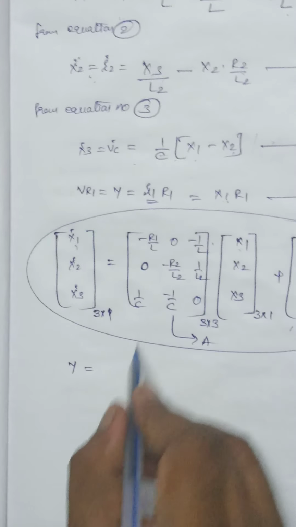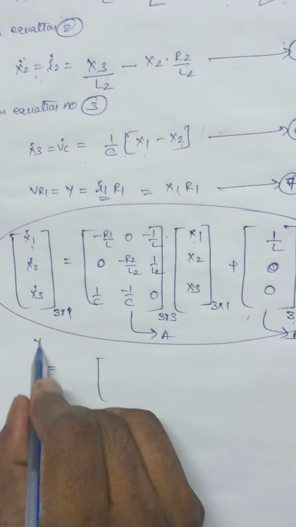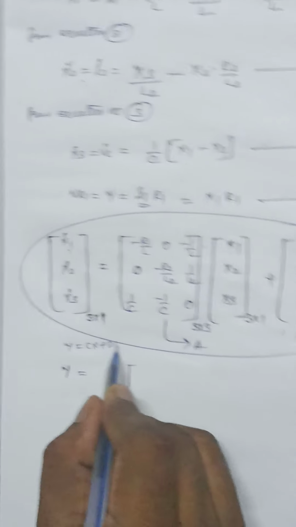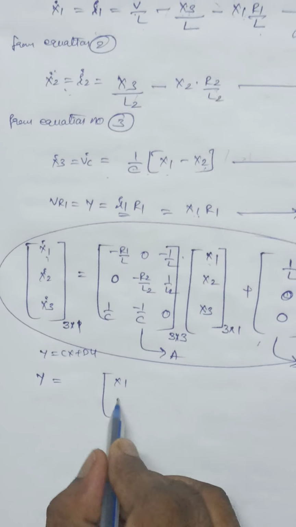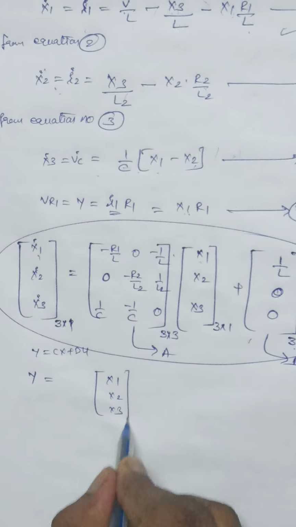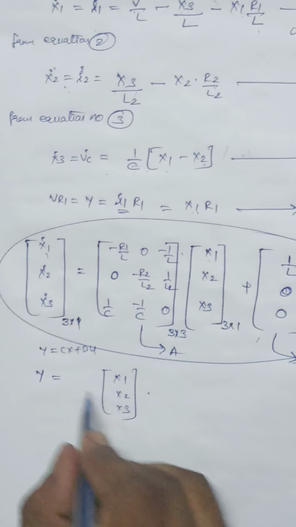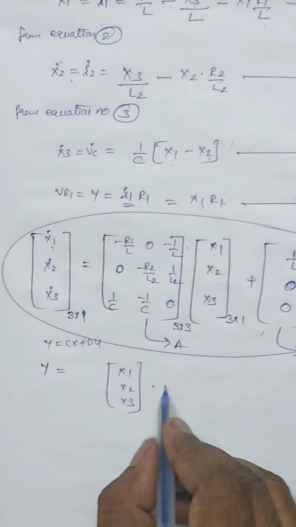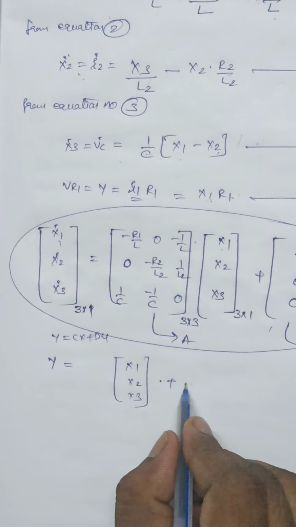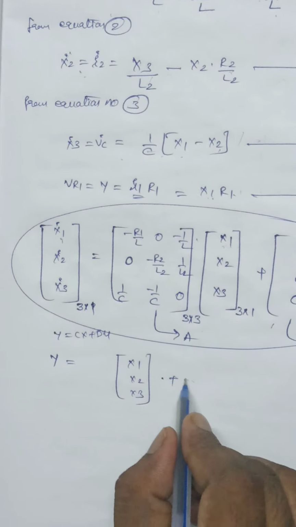And the output equation, y is equal to cx. It should be in the form of cx plus du. So here x1, x2, x3, 3 variables will be there, and there are no inputs here, so the input coefficient is 0. So it is 0 into the input V here.